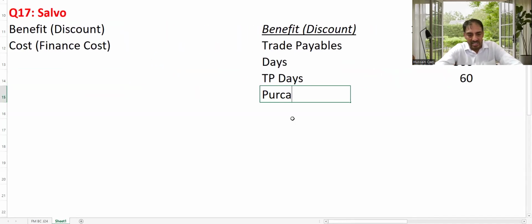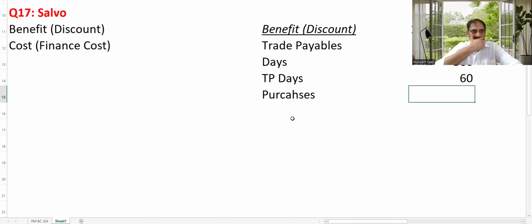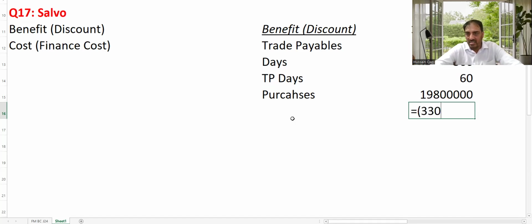So we can find the purchases by reverse working: 3,300,000 multiplied by 360 divided by 60.